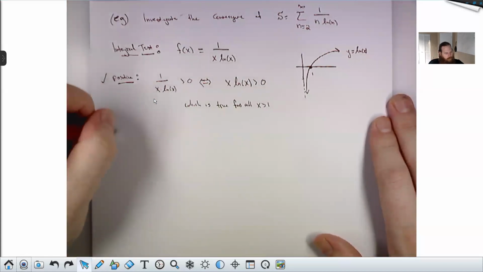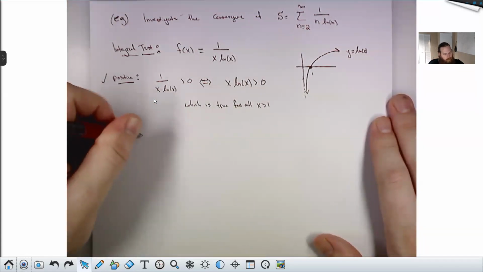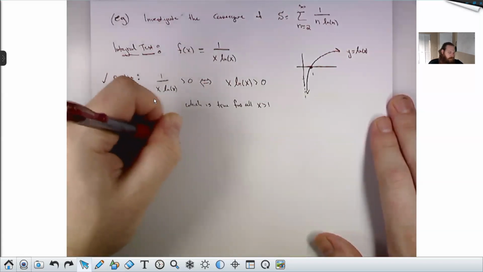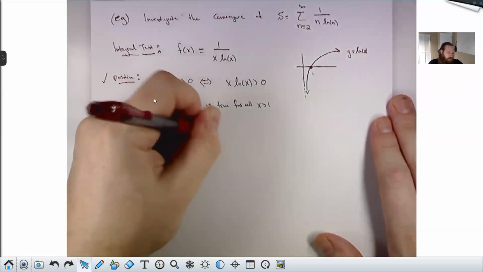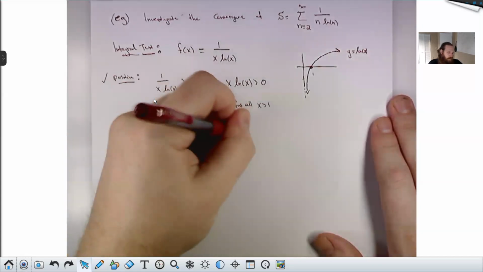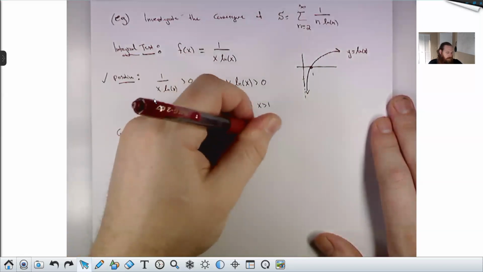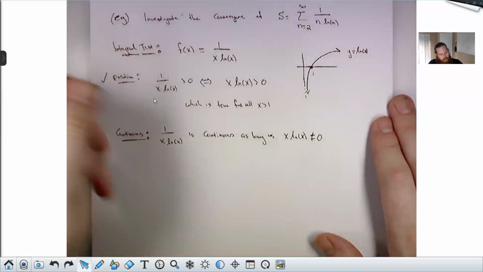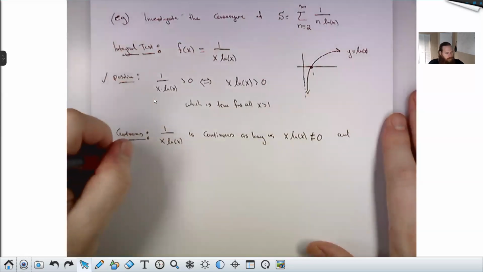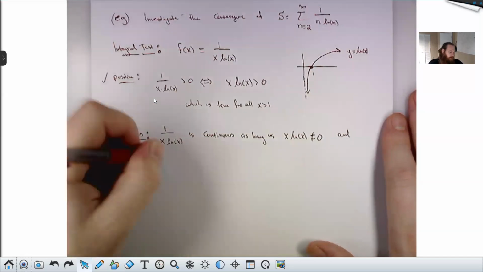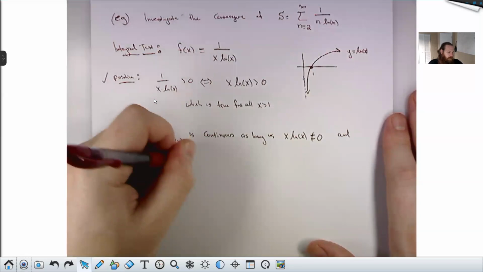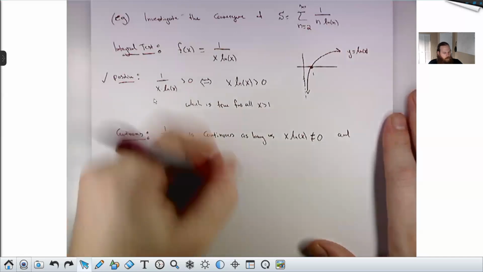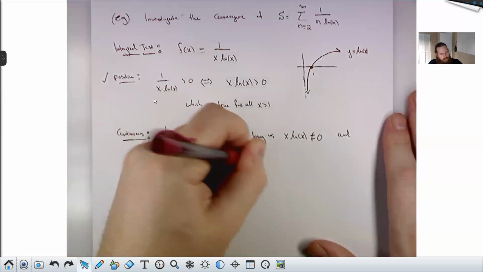Check. Continuous. Well, again, as long as the bottom isn't 0. And where is the bottom 0? x ln x is equal to 0 if x is equal to 0, because of this piece, or if ln x is equal to 0.